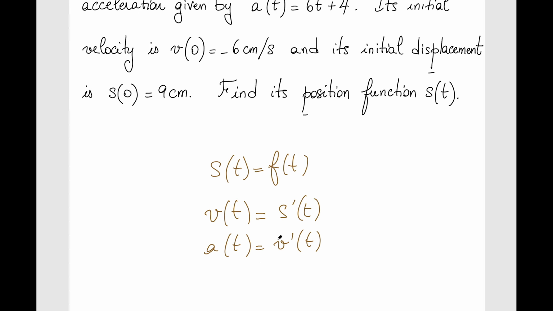So v prime equals a means v is an antiderivative of the acceleration function, and s prime equals v means the position function is an antiderivative of the velocity function. Make sense? All right, so let's apply this here.